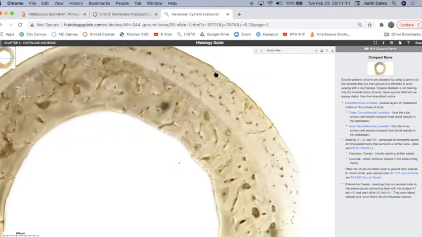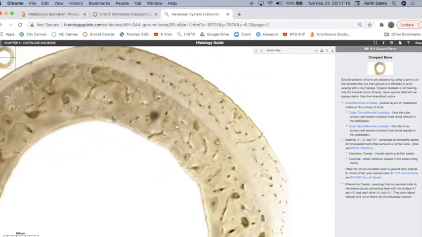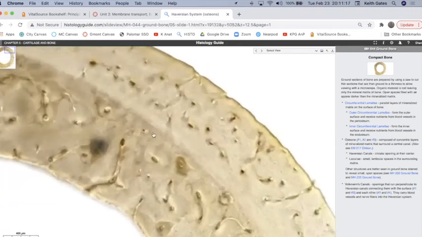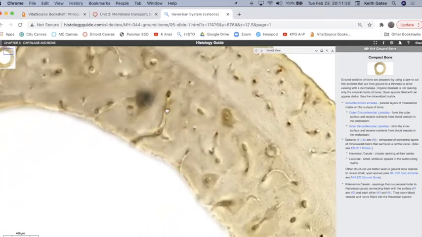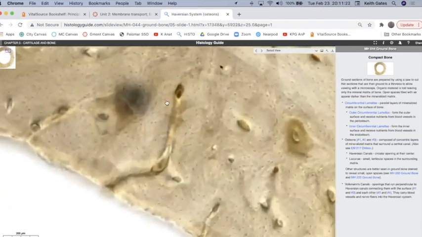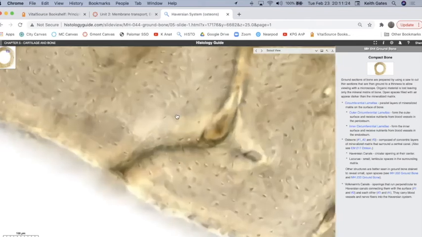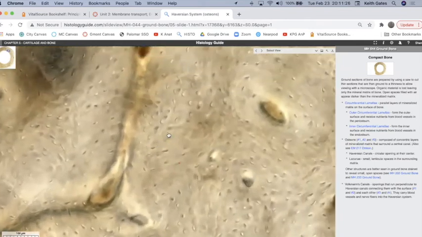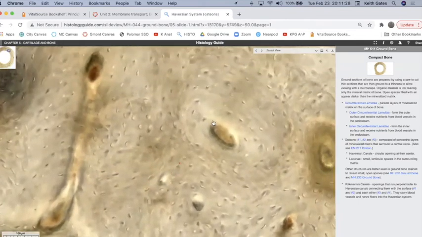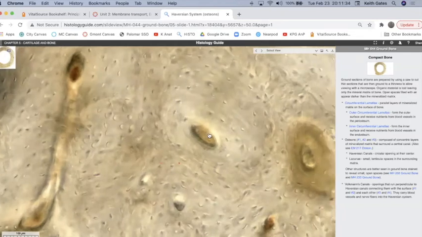And remember I said these perforating canals, these would be running perpendicular, right? Whereas these are the blood vessels that are running through it. And then as you get closer in, what you're looking at here, these are like those central canals. These are the ones that are running longitudinally, those blood vessels, right?